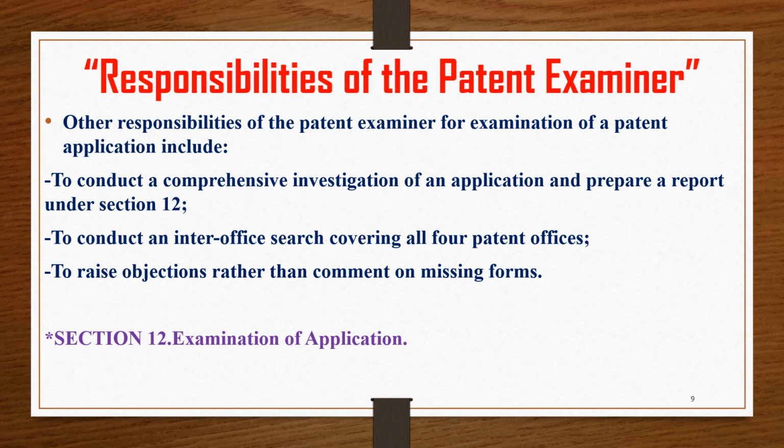And the next point is to raise objections rather than comment on missing forms. Rather than commenting on the missing forms, raising objections is more encouraged. Section 12 is about examination of application, as we already know.